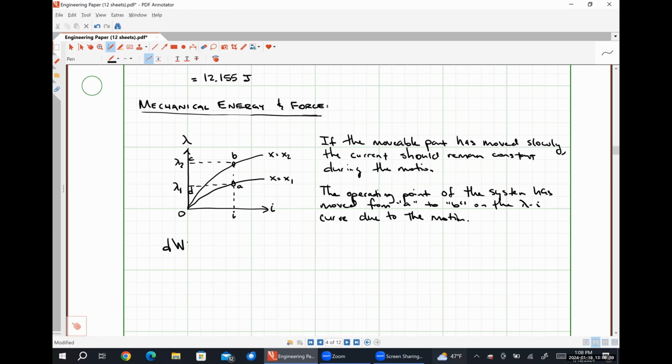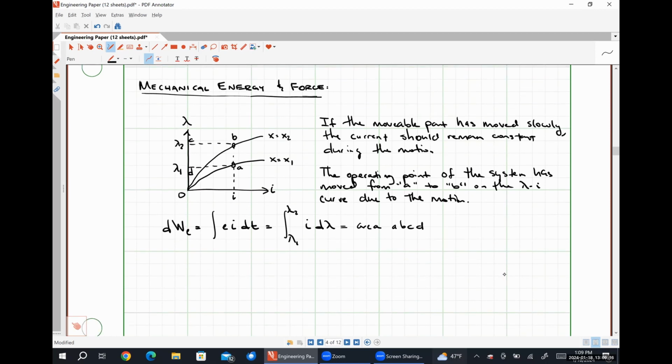So that's going to be dWe equal to the integral of e i dt, or the integral from flux linkage 1 to flux linkage 2 of I d lambda. And this is literally just the area mapped out by the shape A, B, C, D. So this little rectangle right here.